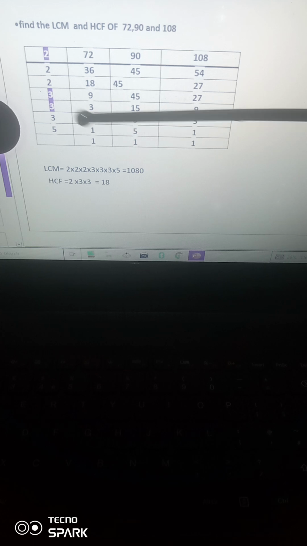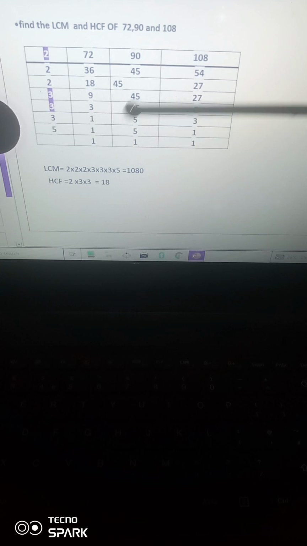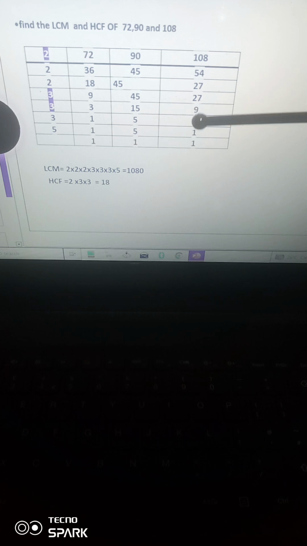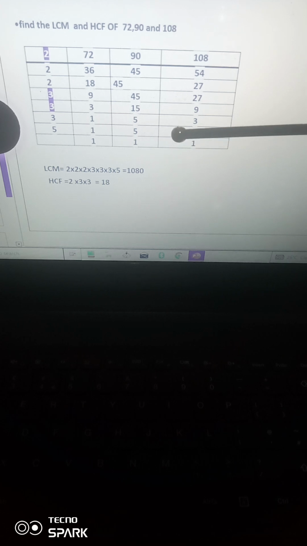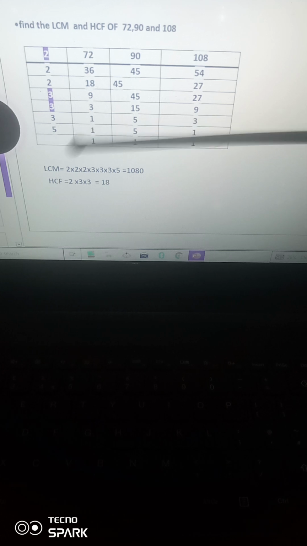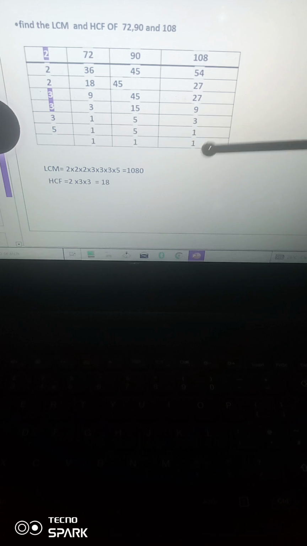We can find out that every other thing is 1, 5, 1. So we are going to divide by the next prime number, which is what? 5. 5 divided by 5 is 1. And the 1s stay 1. So in the end, we have 1, 1, 1.